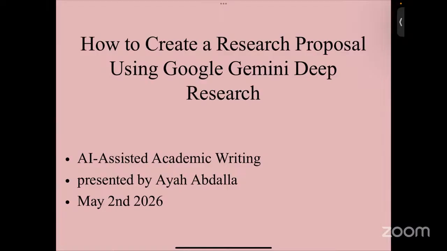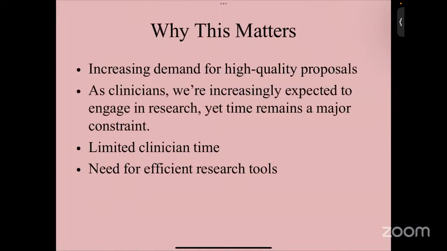I'm going to talk about how to create a research proposal using Google Gemini Deep Research. So we'll be talking about AI-assisted academic writing. Why is this important?